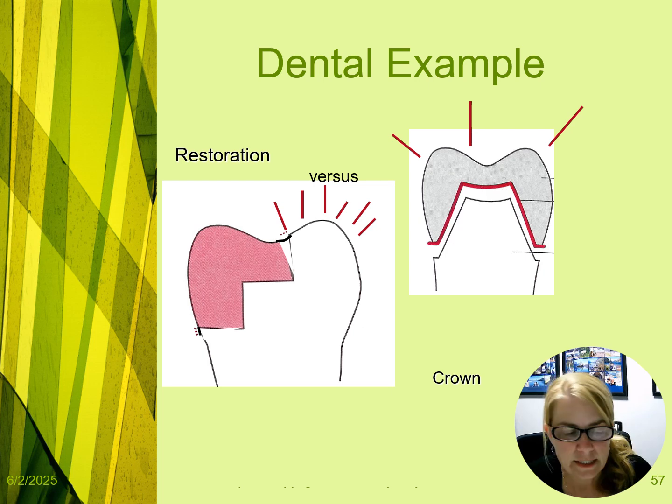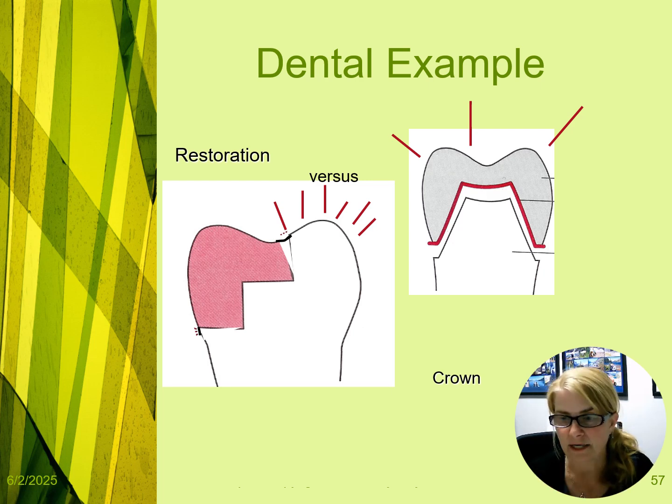When we put the static versus dynamic load into play in the mouth, if we have this cusp in the picture on the left and we are absorbing a lot of that force to that area, we're likely to break that corner of the tooth off. Then we have to completely cover it with a crown, because obviously we have a filling in there.